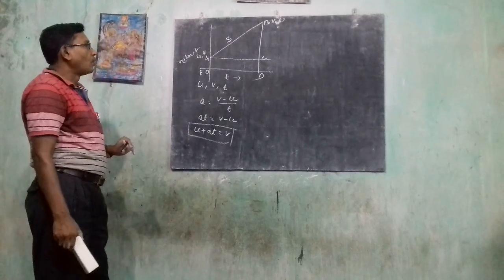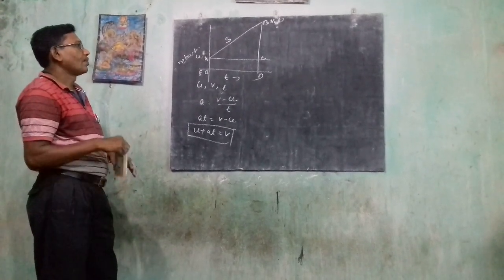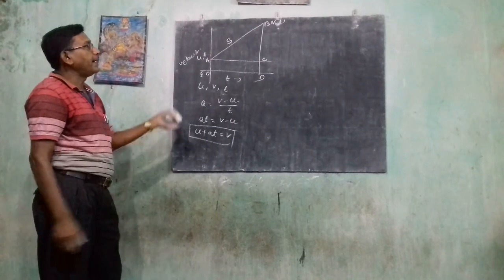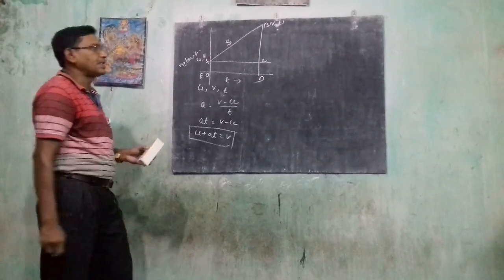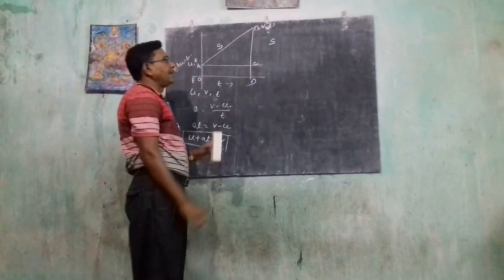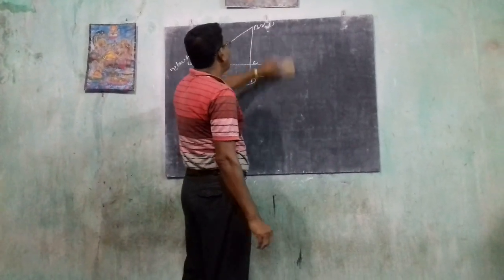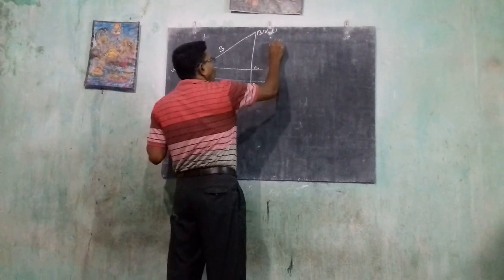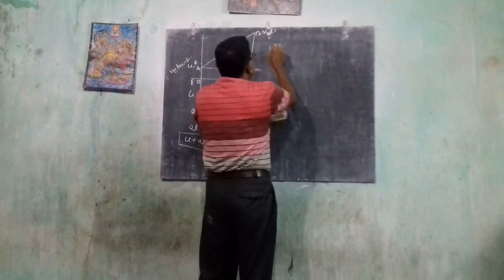Next, when the object moves from A to B, how much distance can be covered? Let the distance be S. Before that, we can find some magnitudes, OA or AE.